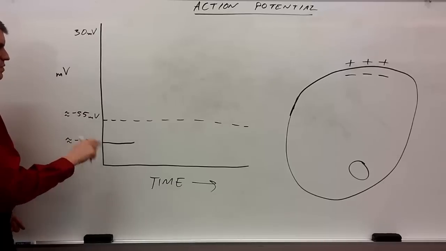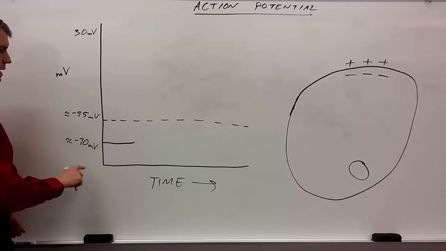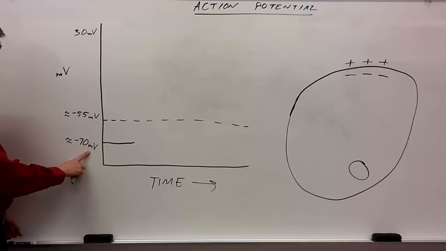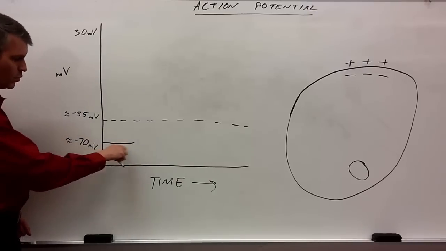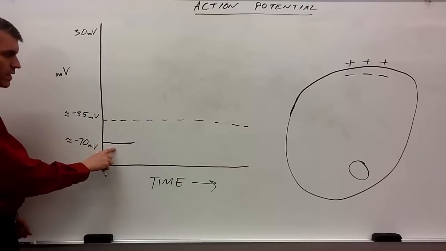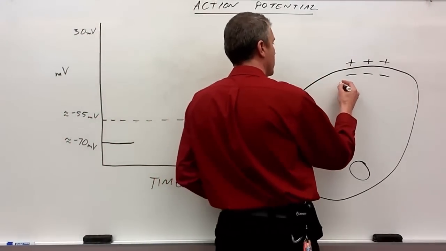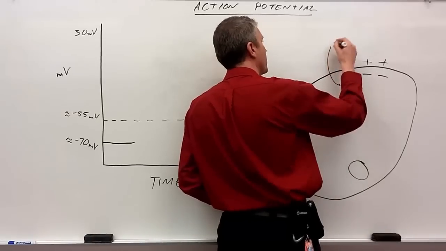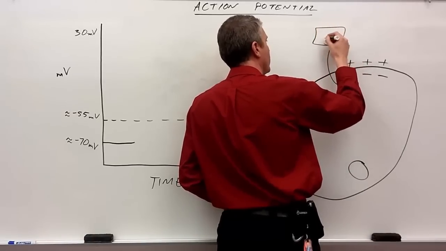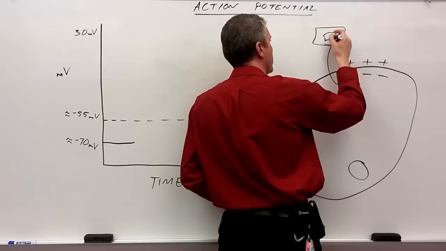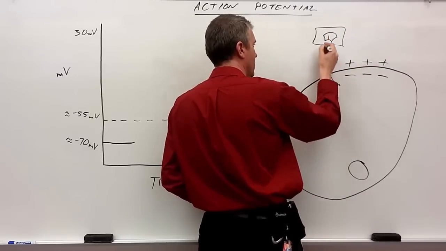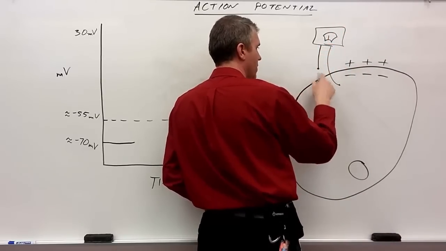The other thing I wanted to make sure I mentioned here, this is negative. The reason this is negative during resting potential, we're measuring the voltage of the cell, and you could imagine me having a voltage meter up here maybe, and that voltage meter is measuring the charge in the cell compared to the outside of the cell.